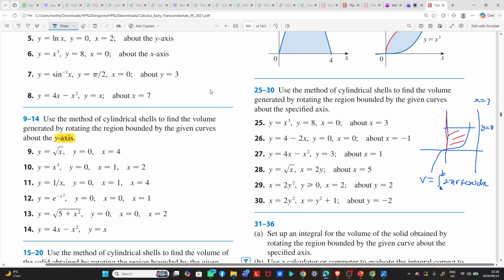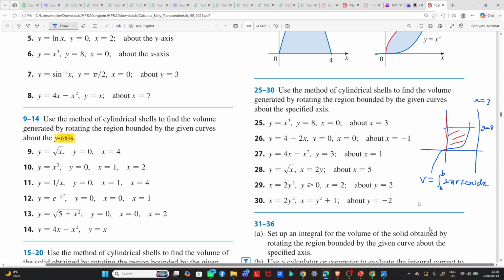So what is going to be r in this case? Can anybody tell me what r is? I said r is equal to y, but I think I said y by mistake. It's not just x, but it has to be something.